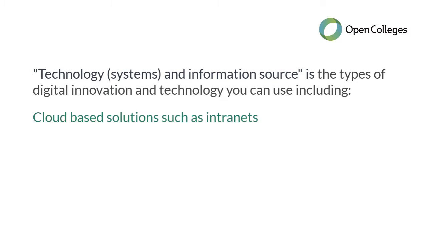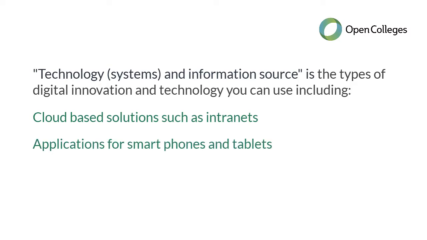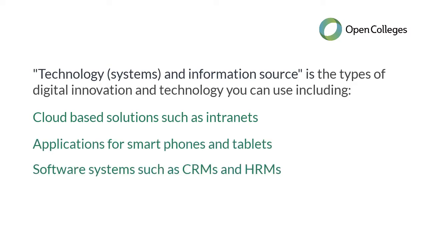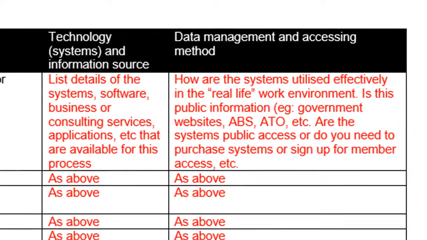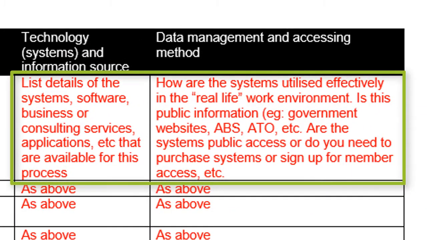We're talking about cloud-based solutions that include intranets or apps, various forms of software that you could use. Conduct some research and share information with your fellow colleagues and students so that you can fill in the table successfully. Once again, check the handy hint guide. This is very, very useful. It will explain all of the information that you need to gather to fill in the table.